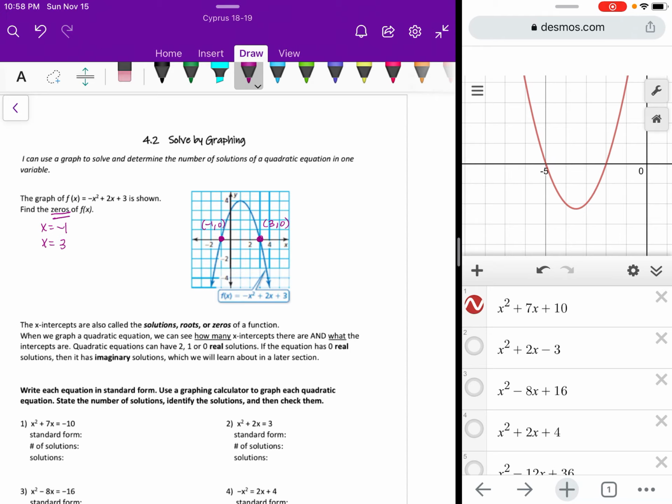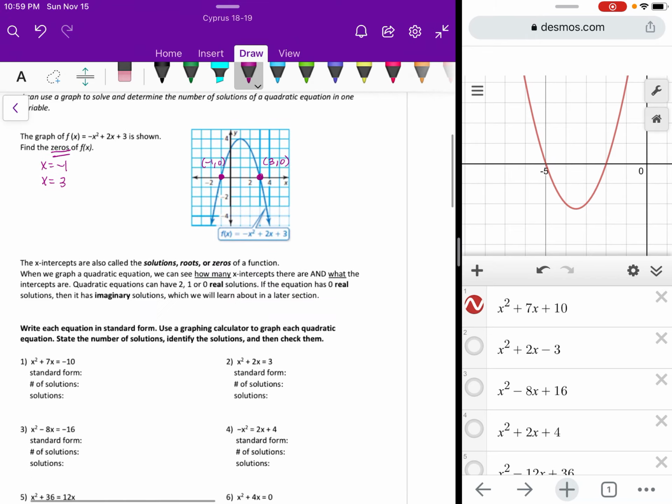We've seen that before. When we graph a quadratic equation, we can see how many x-intercepts there are and what they are. So quadratic equations can have 2, 1, or 0 real solutions. If the equation has 0 real solutions, then it has imaginary solutions, which we'll learn about later in this year.